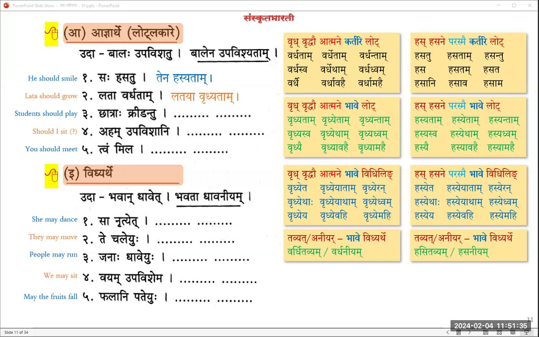So it looks like I have referred to Ashtadhyayi for the meaning of Lata growing, right? It is not about the other meaning. It is very clear on ashtadhyayi.com. Vridhyatam is the form in bhava karmanoho lot lakaraha. That's why I have carefully put that.